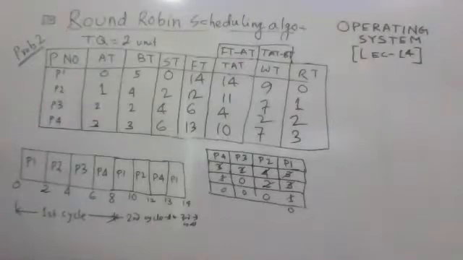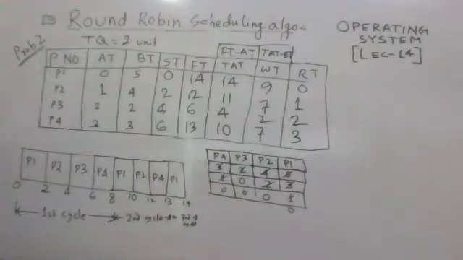After each time quantum we have a context switch here. So context switching time is an overhead in this algorithm, but it is a good algorithm for time sharing systems. Okay, so this is all about the round robin algorithm.